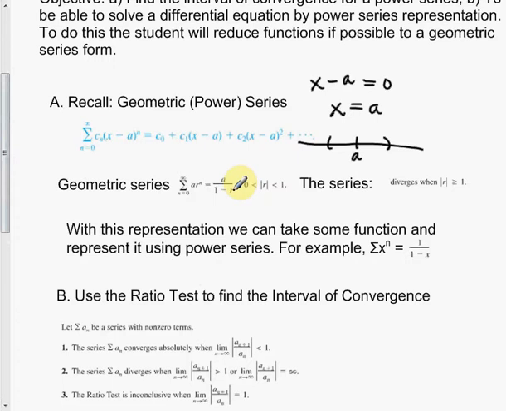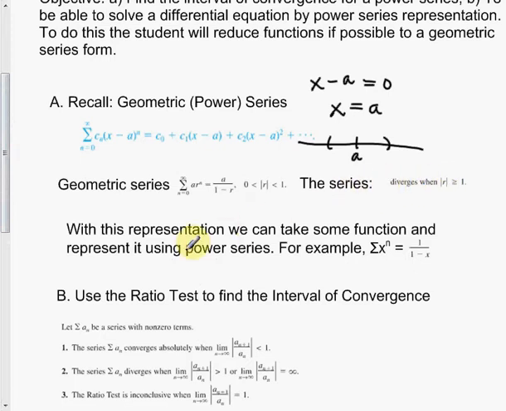But in terms of the convergence of the geometric series, we want to stipulate that the absolute value of r is contained between 0 and 1. In other words, r must be between -1 and 1, not inclusive of 0. The series is divergent when the absolute value of r is greater than 1.